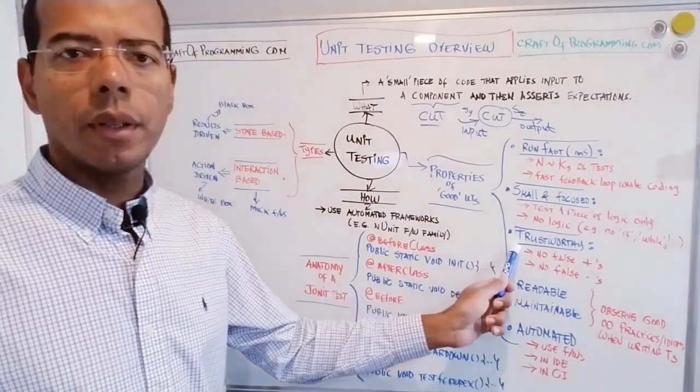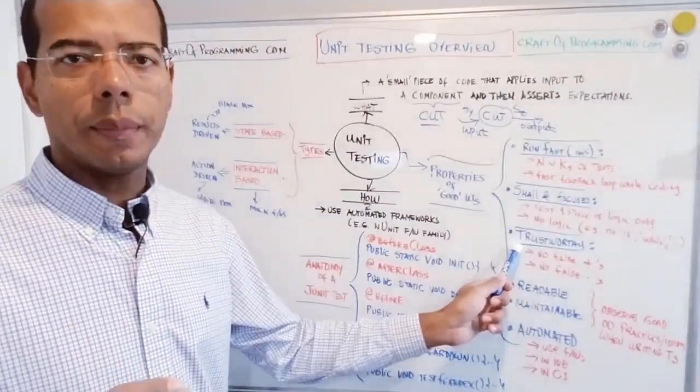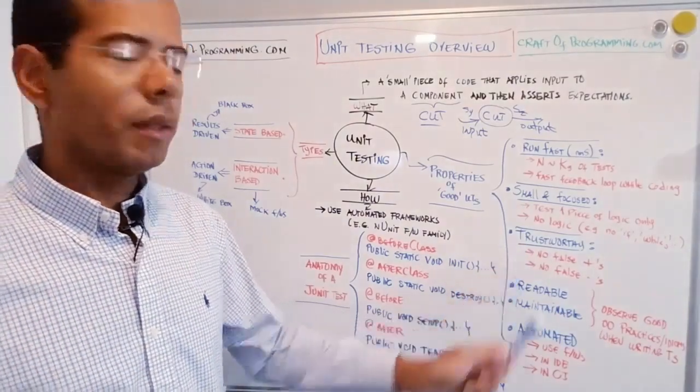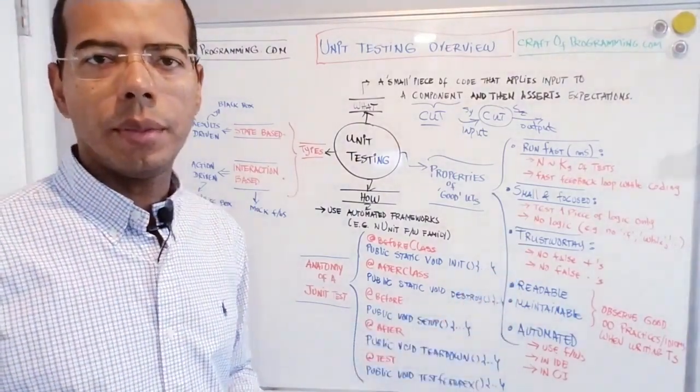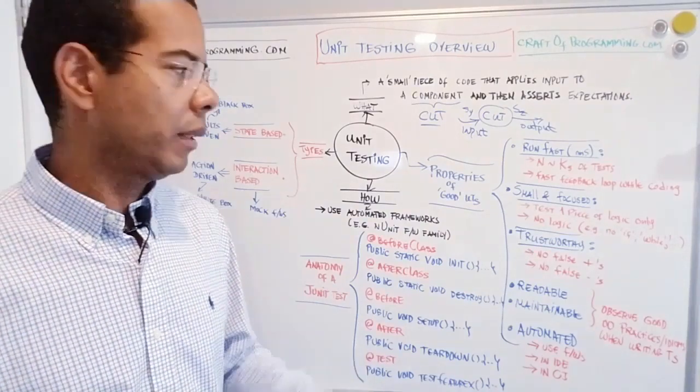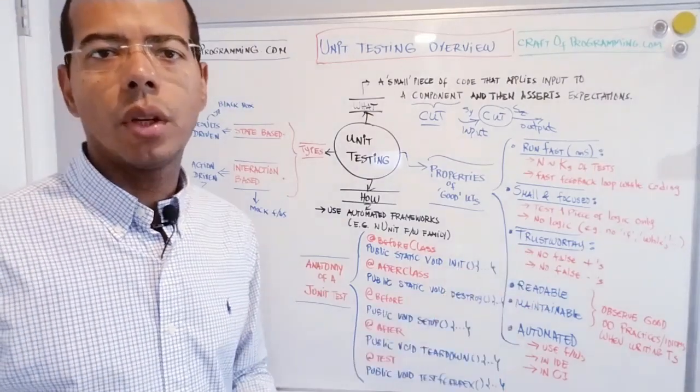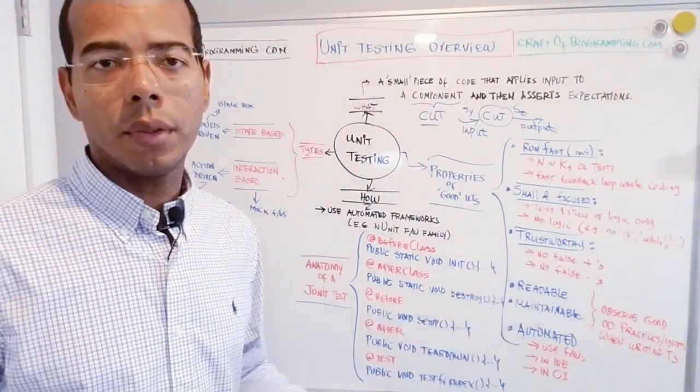Another good property of unit tests is that they are trustworthy. What I mean by trustworthy is that the developers in your team need to trust the tests. One metric for that is that tests should not produce false positives nor false negatives.